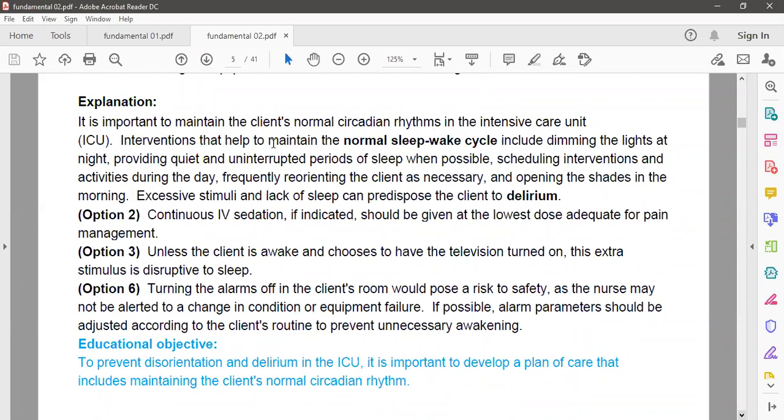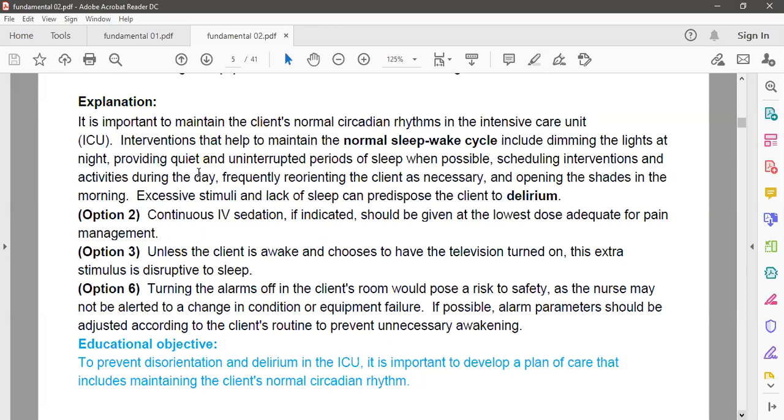Interventions to maintain the normal sleep-wake cycle include diminishing the light at night. It's a normal body mechanism. Provide a quiet environment. Don't interrupt the period of sleep, right? And scheduling the interventions or planning the activities for the next day is good.